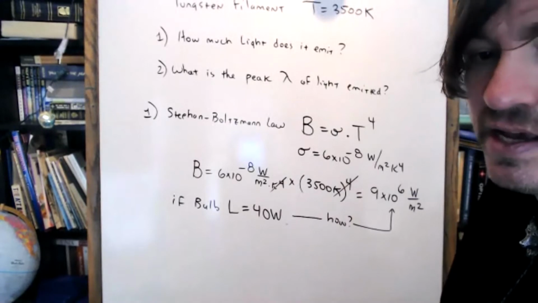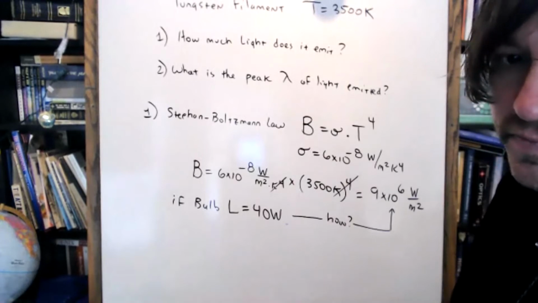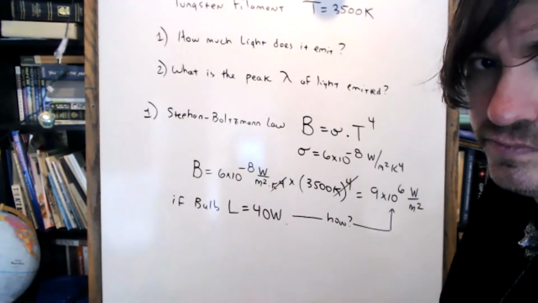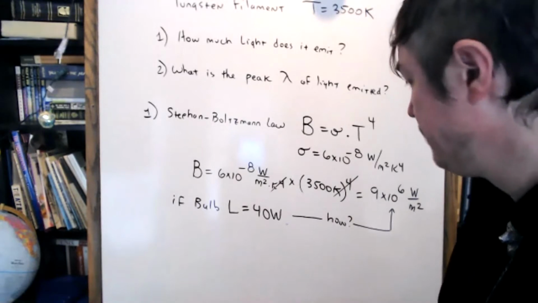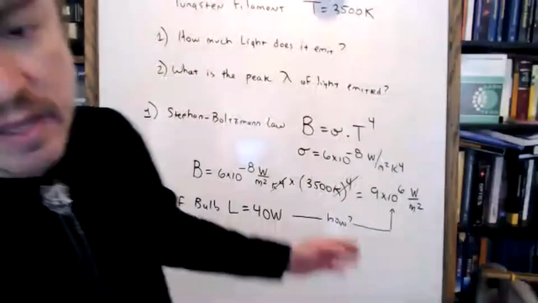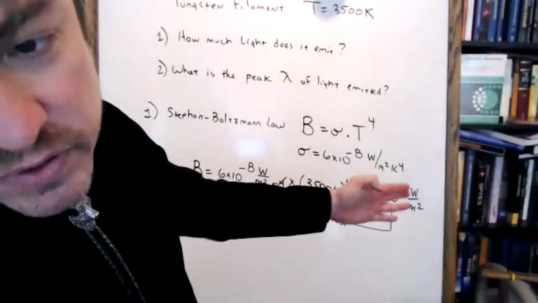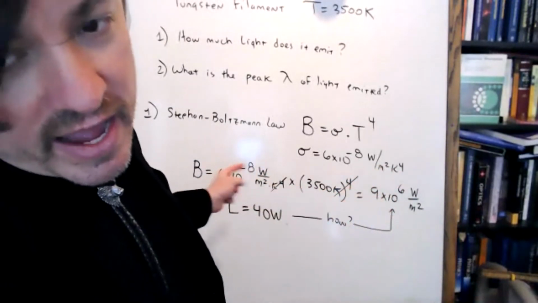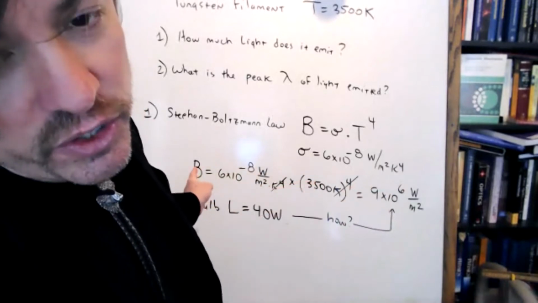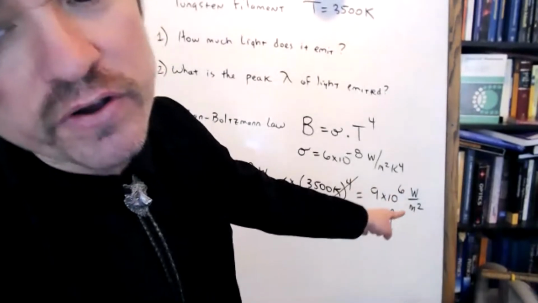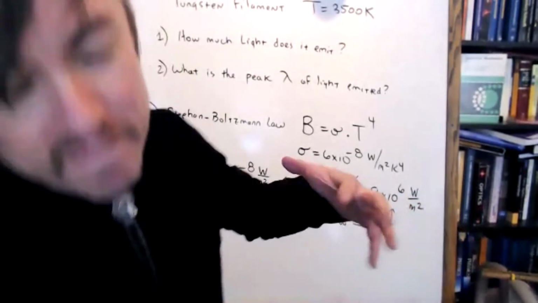They measure different things. 9 million watts per square meter means at this temperature, your metal will emit that many watts per square meter of metal.